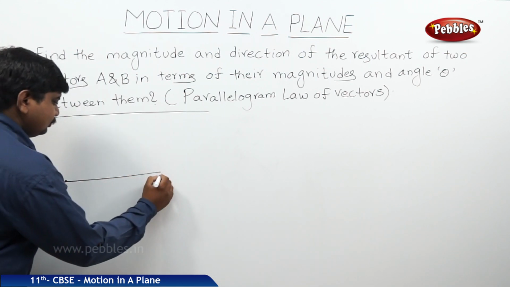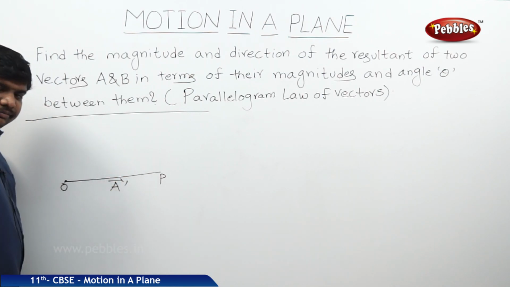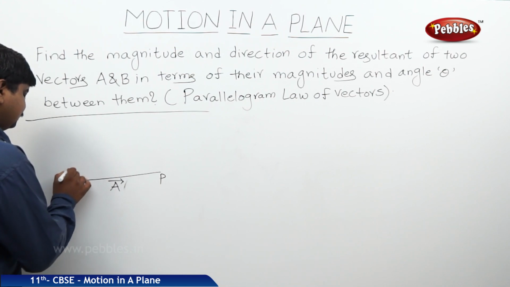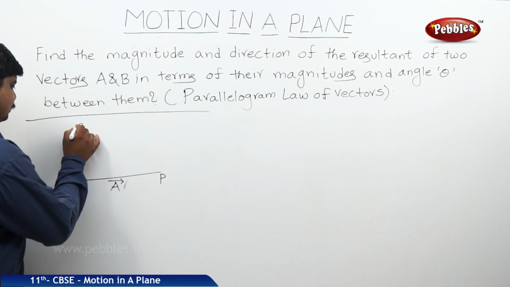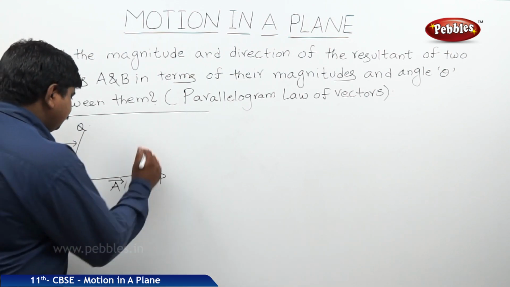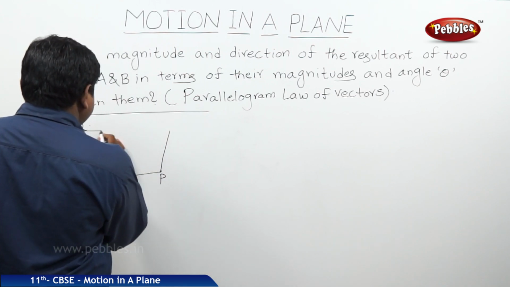O, this is P, let us say this vector is A bar, and I am drawing the other side of the parallelogram like this. O, this is Q, the vector is B bar. So the parallel lines to these are like this and like this.